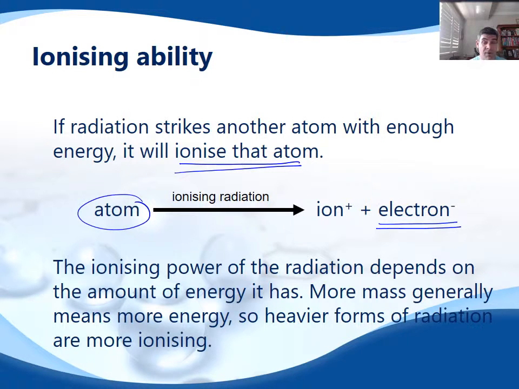The ionizing power of radiation is related to the amount of energy that it has. More mass generally means more energy, so heavier forms of radiation are more ionizing. So that means the alpha, which is the most massive, would be greater than the beta, and then that would be greater than the gamma, which has no mass at all.